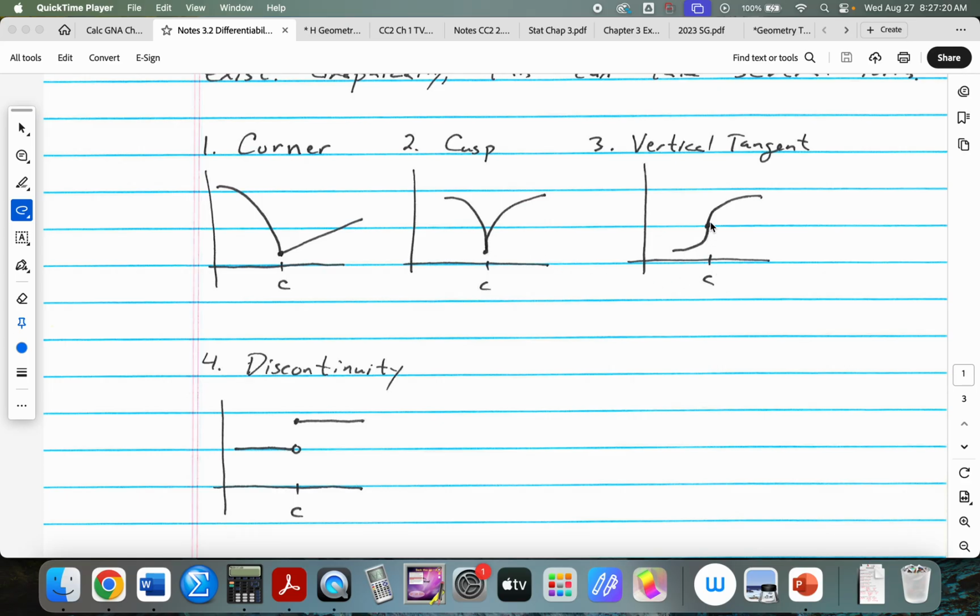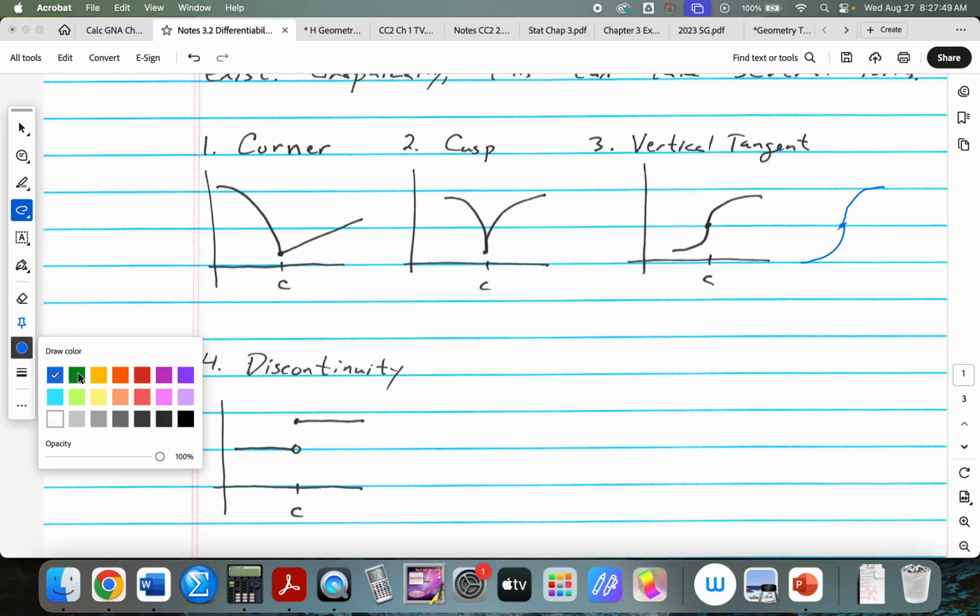Also, if you have a vertical tangent line, so my drawing is not perfect, but if you think about drawing a quarter circle, and then at this point draw a quarter circle going the other way. That's what we're talking about there. If we drew in the tangent line, it would go like this.